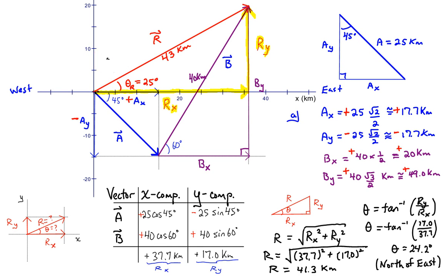So there's a lot of different ways that you could report your answer. You could also, since I've defined a positive x-axis, just say 24.2 degrees above the positive x-axis as shown in my diagram. Okay, that's it for this example in showing how to use the component method with vector addition.